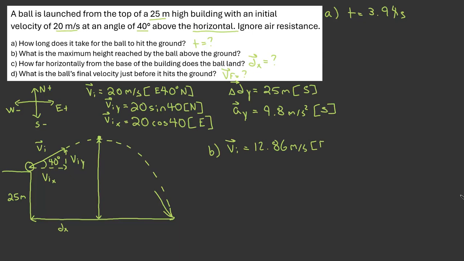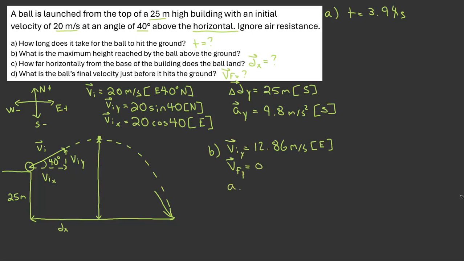And that's going in the eastward direction, so that'll be positive. And then I have my final velocity. I'm taking the ball at this point and comparing it to this point. So at this point, I'm going to say that the velocity is going to be equal to 0. And these are both for the y components.